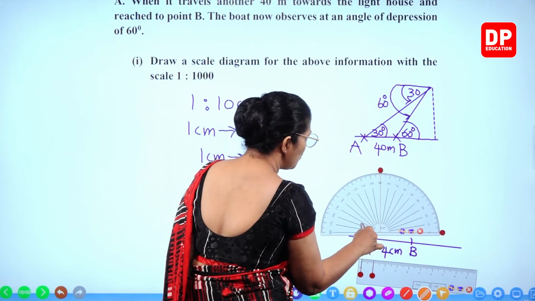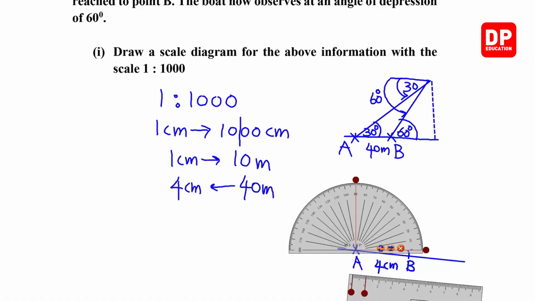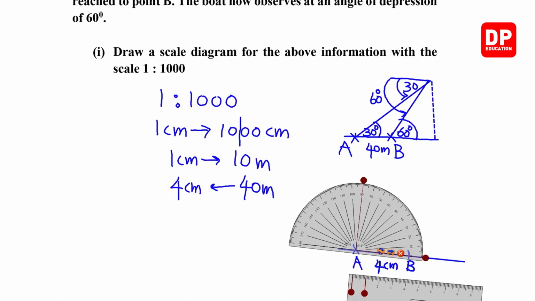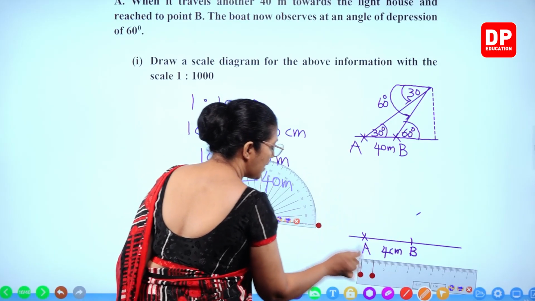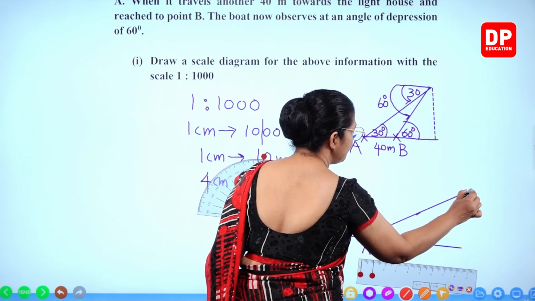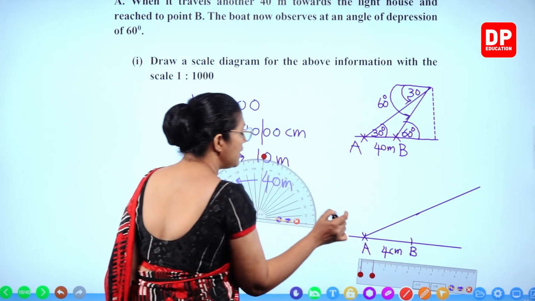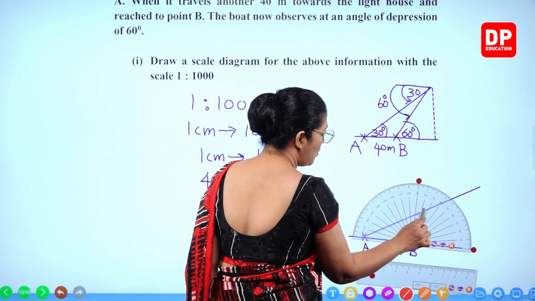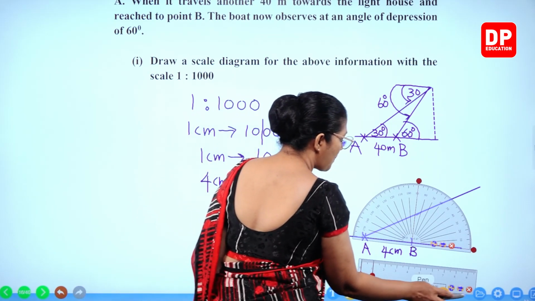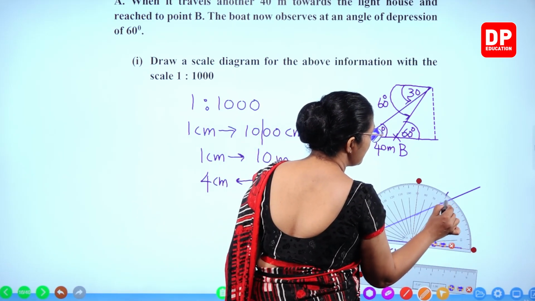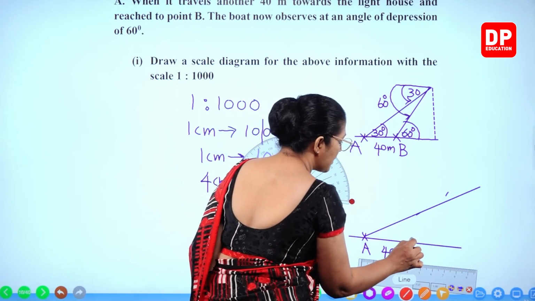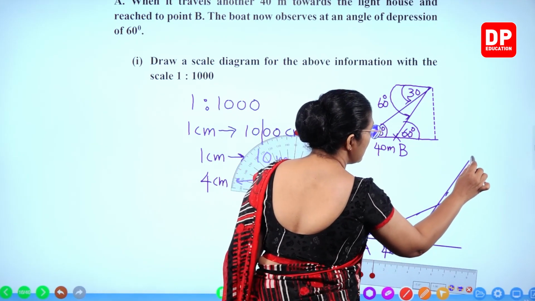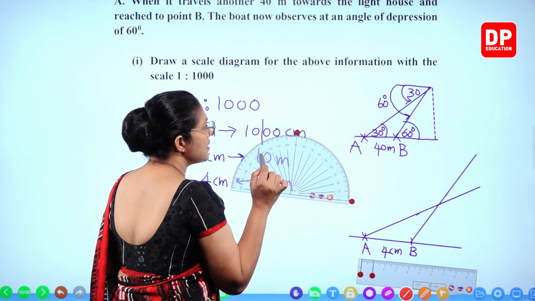In scale diagrams, you don't have to use a compass. From here, the angle is 30 degrees. 1, 2, so 30 is here. Then you can connect that line with A. Then when you consider point B, you need to mark 60 degrees. 60 is here. Then you can connect point B and this point, that's the intersecting point.